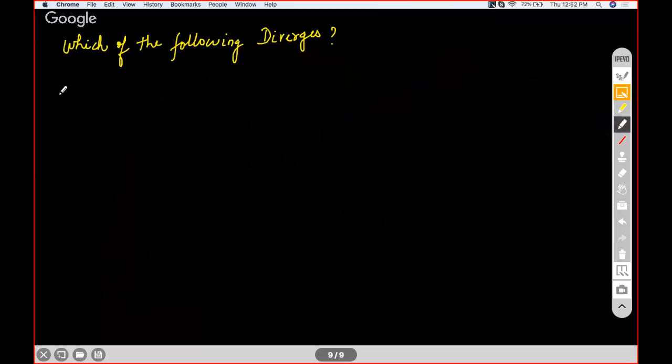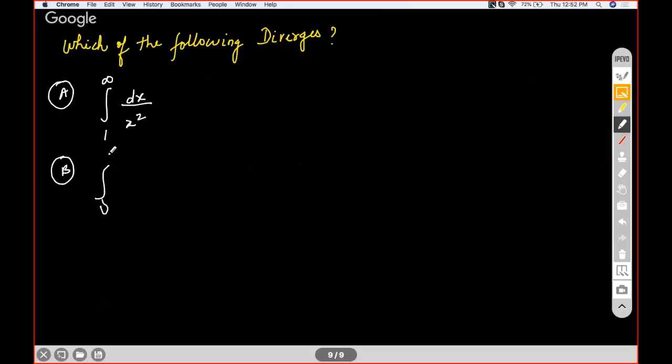Which of the following improper integrals diverges? Option A, integral from 1 to infinity of dx by x square.